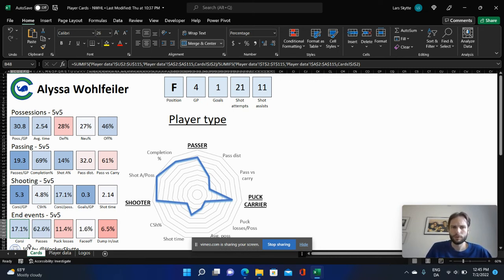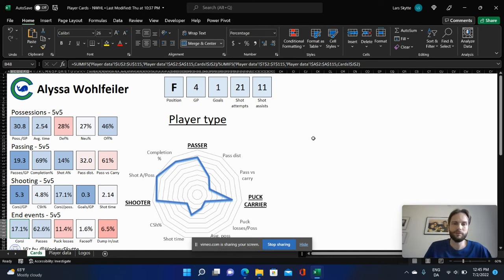So you can see here that Alyssa is both a passer and a shooter. She's in the 76th percentile among forwards when it comes to passing. Puck carrier is defined a bit differently. That's defined by how far a player possesses the puck. The longer the average puck carrying distance, the more of a puck carrier she is.